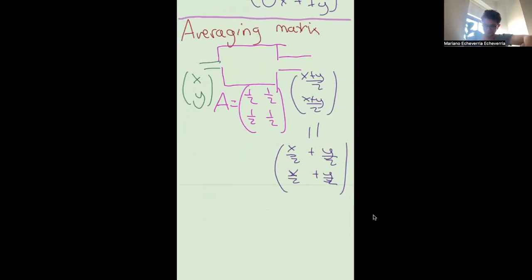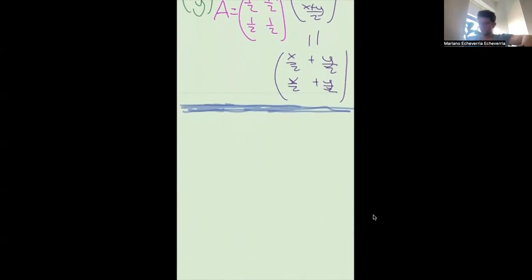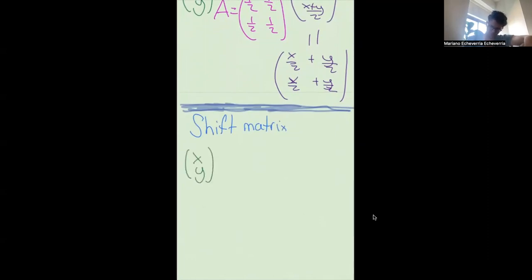Here's another one before moving to a different topic. Another simple one, but it's kind of cute to have around. Let's talk about this one as the shift matrix. It starts with a vector v.